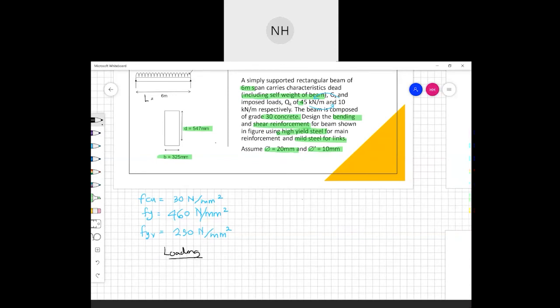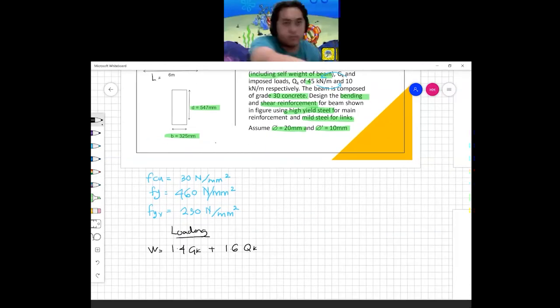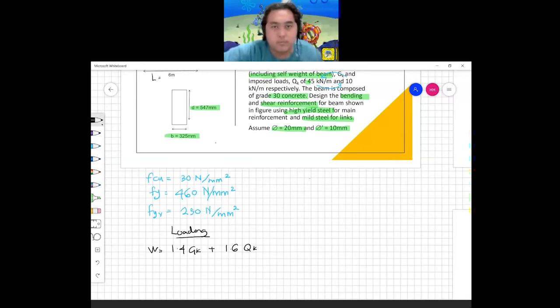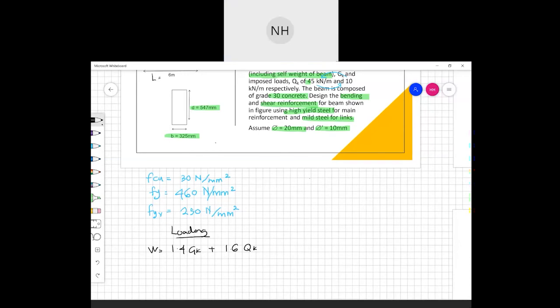W equal to 1.4 GK plus 1.6 QK. Alright. And then when we calculate W, W ni apa? This is design load ataupun ultimate design load.